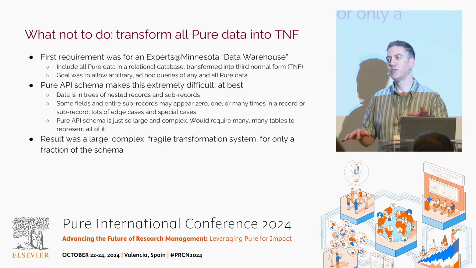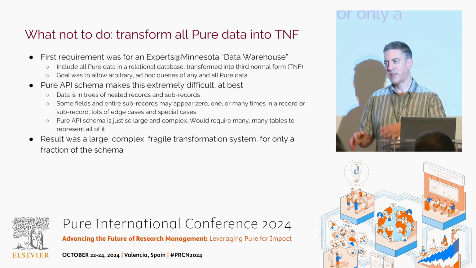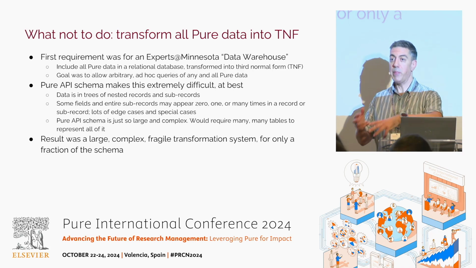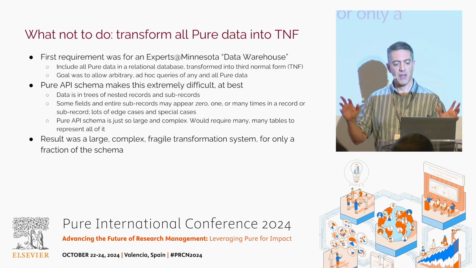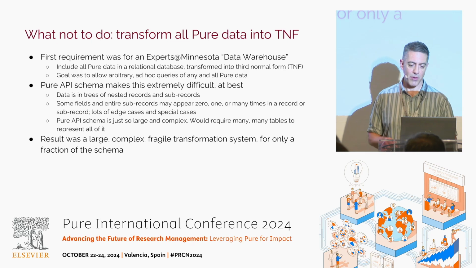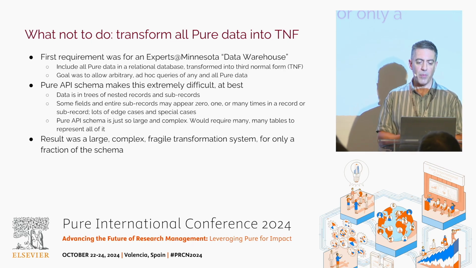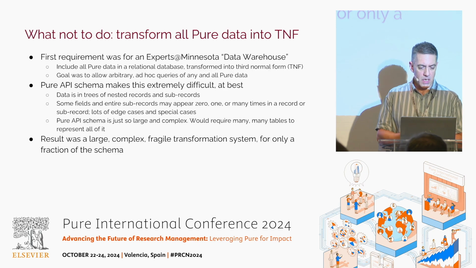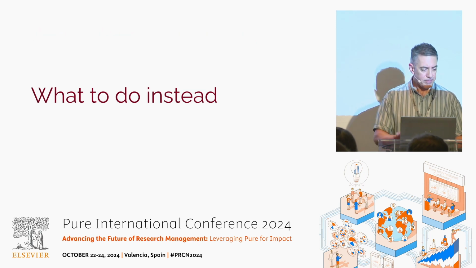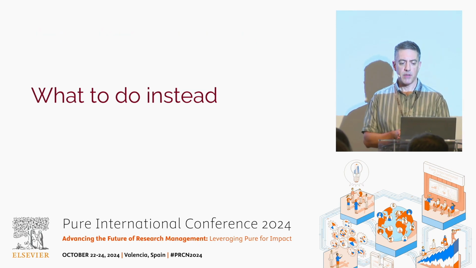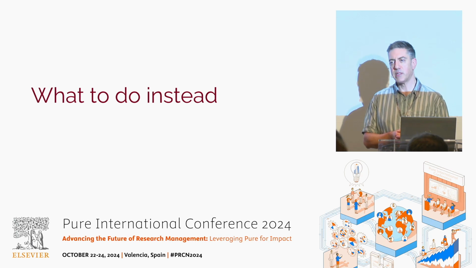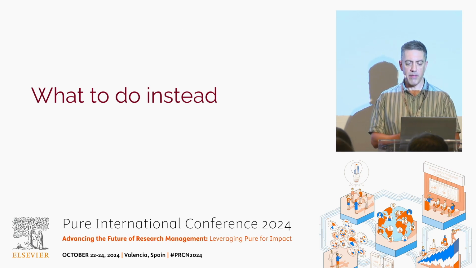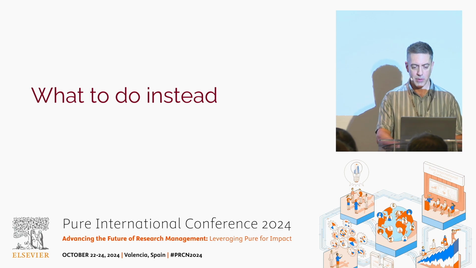Not all the fields are always there, and sometimes there can be 0 to many subrecords, so there are a lot of special cases to handle, and that turned out to be a big pain point. So what might we do instead? We'll talk about what we did instead that helped us solve some of these problems.